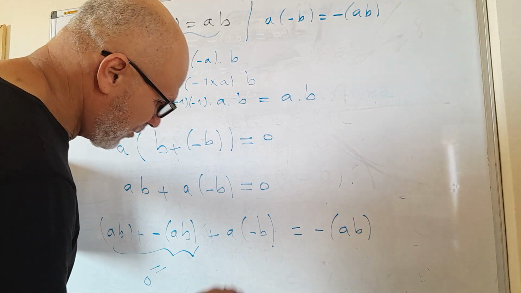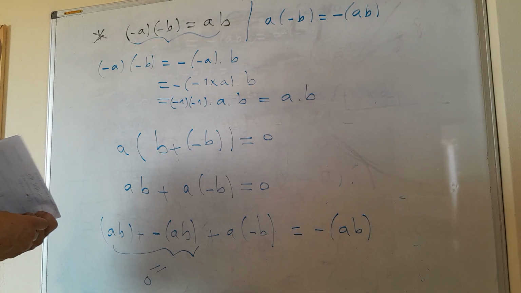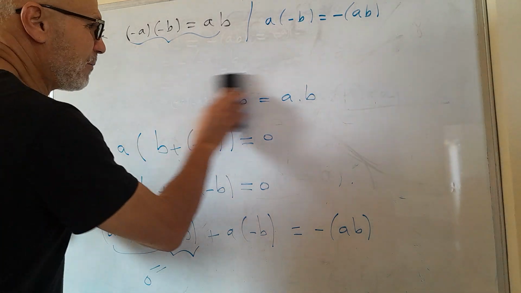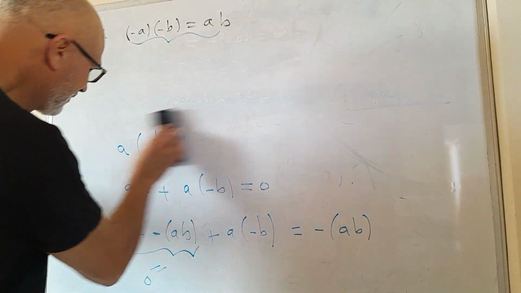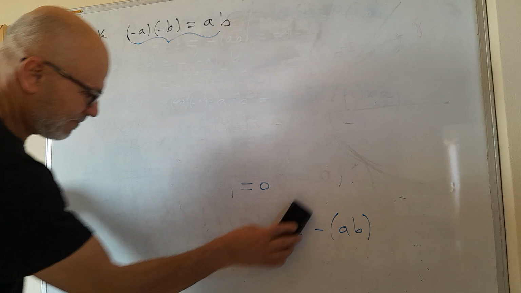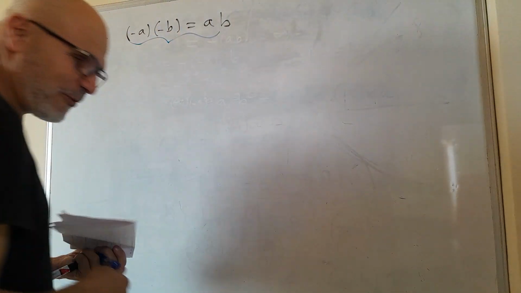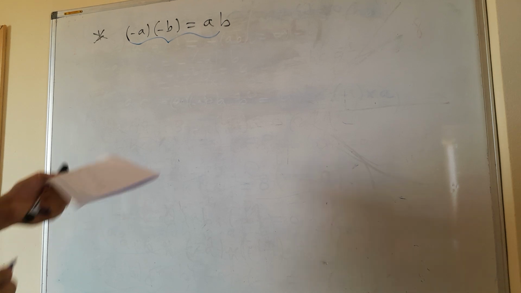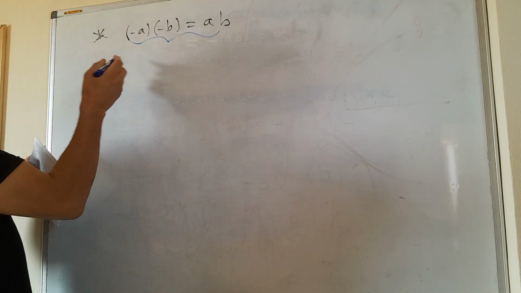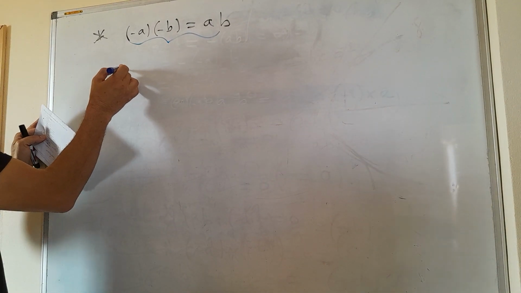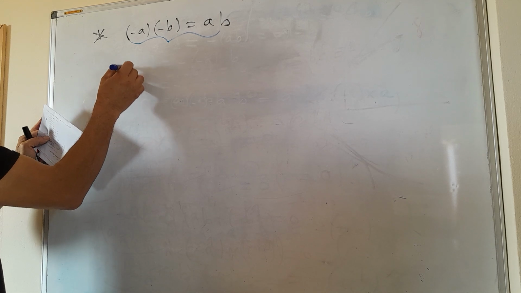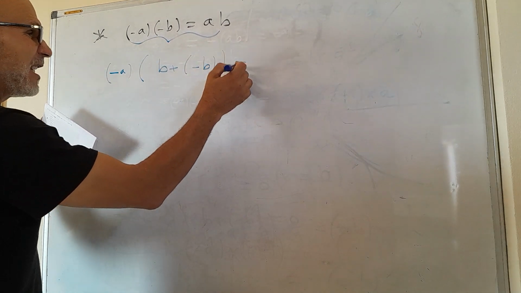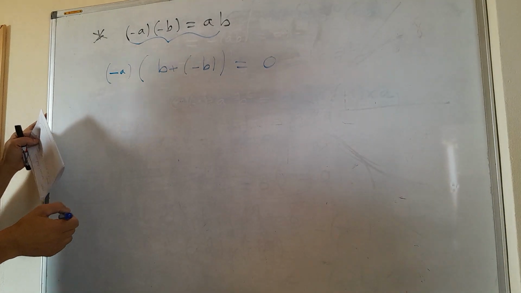Sorry, it is not good, so I will repeat this one, and I will keep it in the video. So we can try by writing (-a) times b plus (-a)(-b), this is equal to 0.